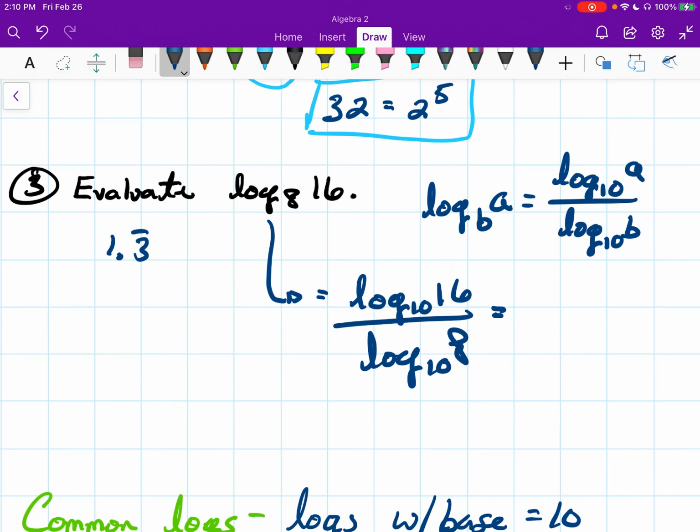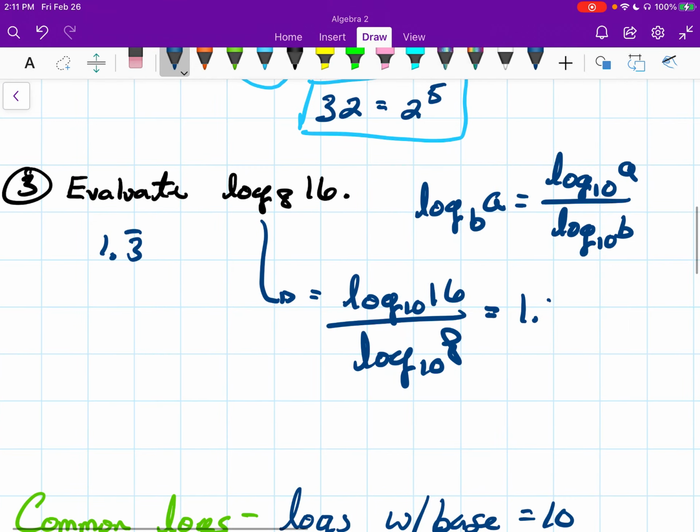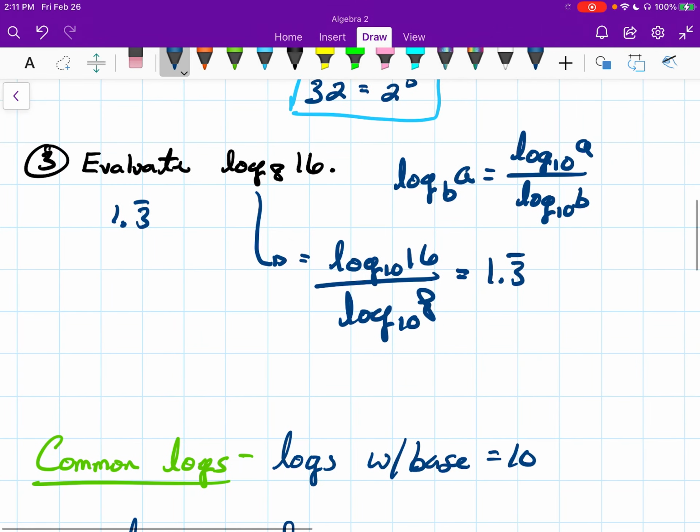When I type that in my calculator, I type log and then 16, and make sure you close the parentheses there, at least on the TI-30. Then I divide by log of 8. And I again got 1.3 repeating. So I'll circle this so we know that is our answer.